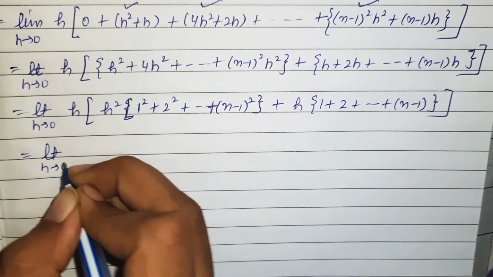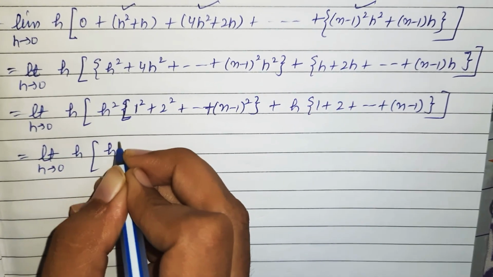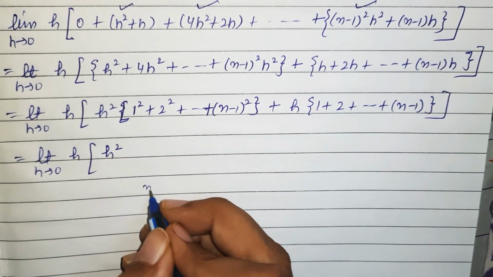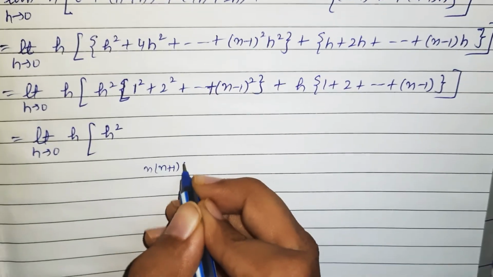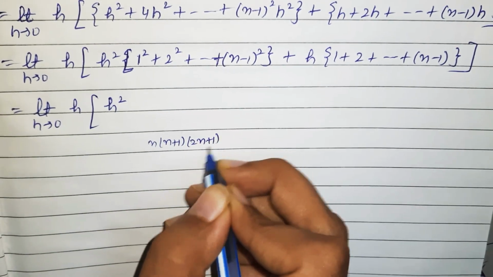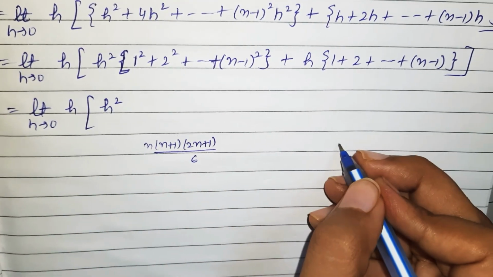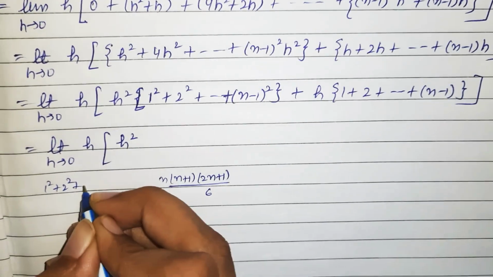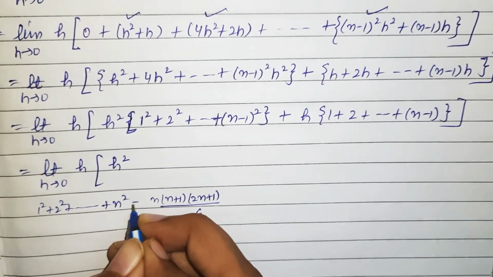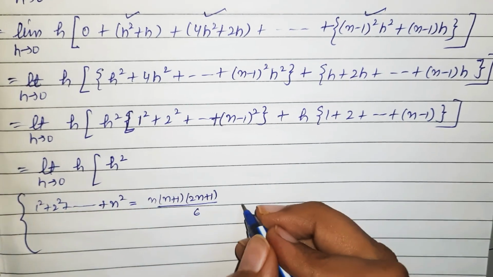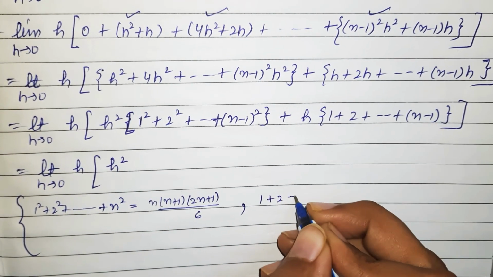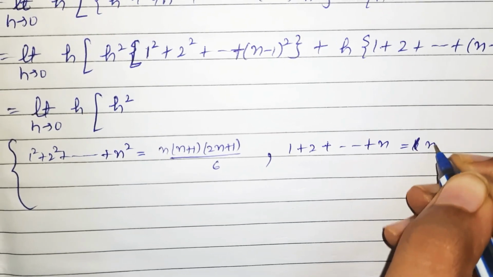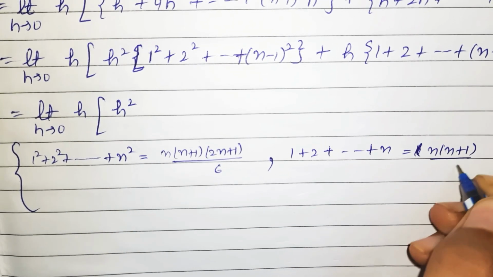Limit h tends to 0 h square. Now see, the sum of squares of terms formula is what? n plus 1, 2n plus 1 by 6. And this is the formula for this, so I am writing perfectly. And the sum of n terms, you already know, is n plus 1 by 2.